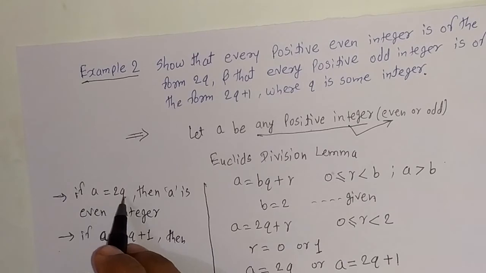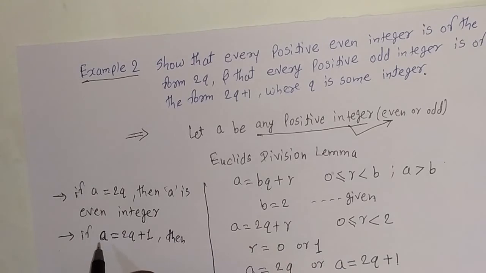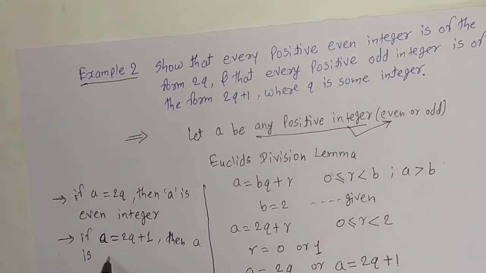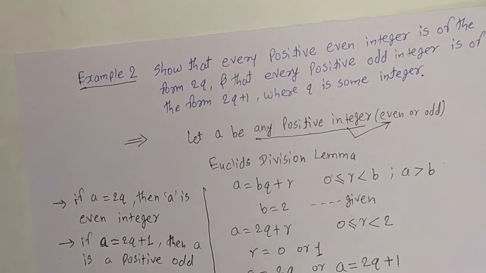Let's say q is 2. 2 into 2 is 4, 4 plus 1 is 5. So a will be 5, which is an odd number. So if a equal to 2q plus 1, then a is a positive odd integer.